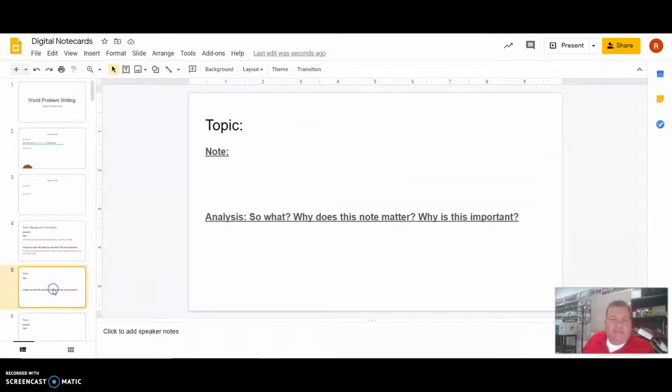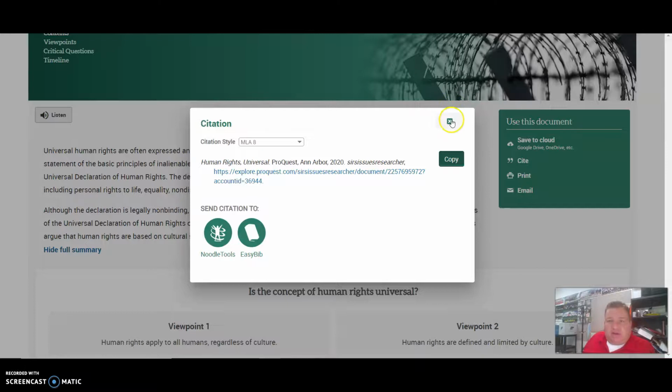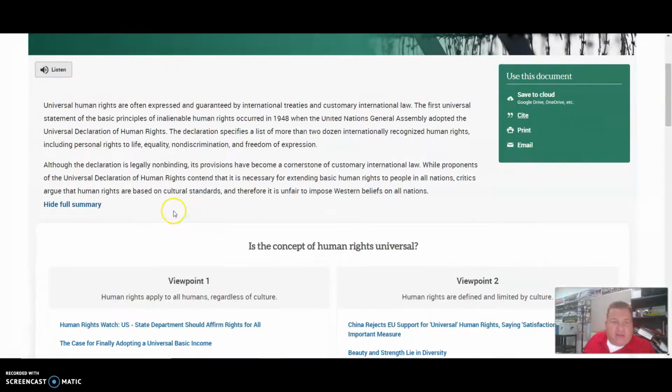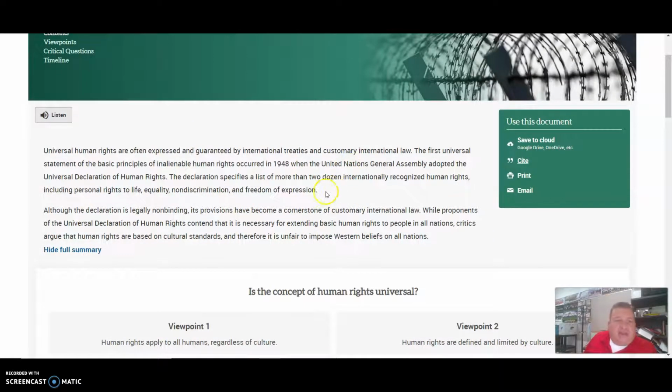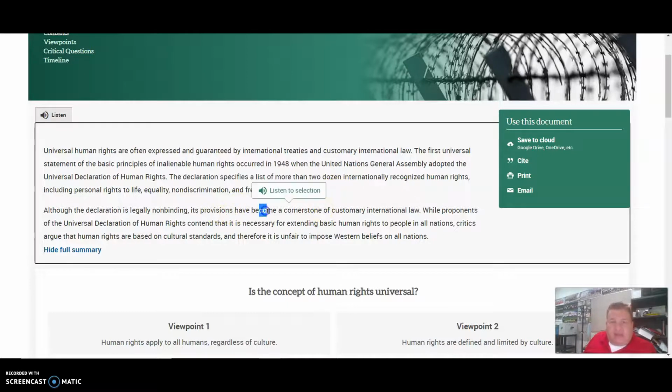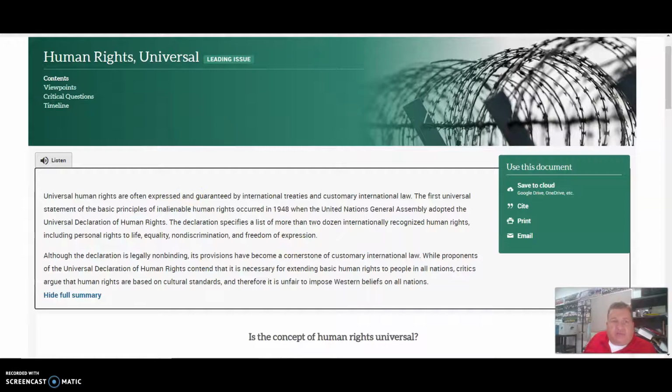Let's practice again. I'm going to go back to this article and see, can I get anything out of here? Although the declaration is non-binding, its provisions have become a cornerstone of customary international law. Non-binding means that it really can't be enforced. So I'm going to take that and say it's hard to be enforced. Again, where did I get this from?